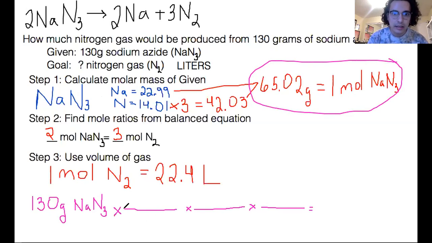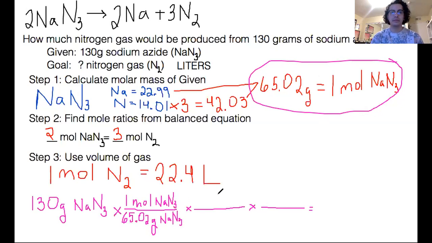So we're going to do the 65.02 grams of NaN3 here, and then the other piece of information will go on top. 1 mole of NaN3. There. That's information from step 1.